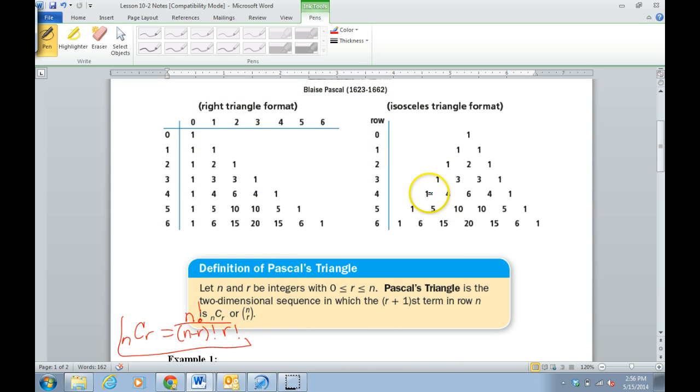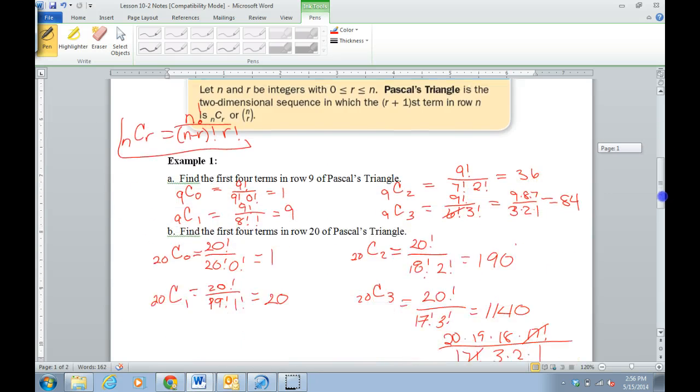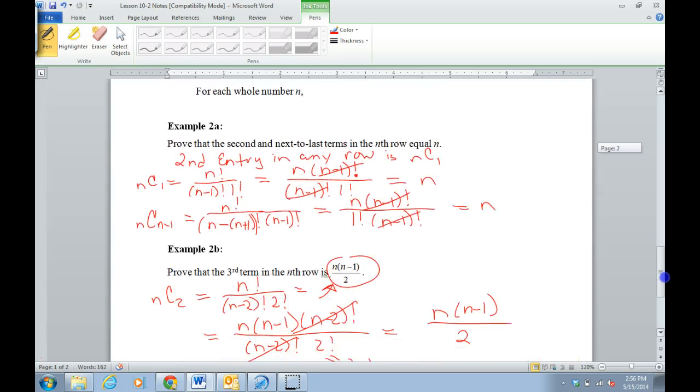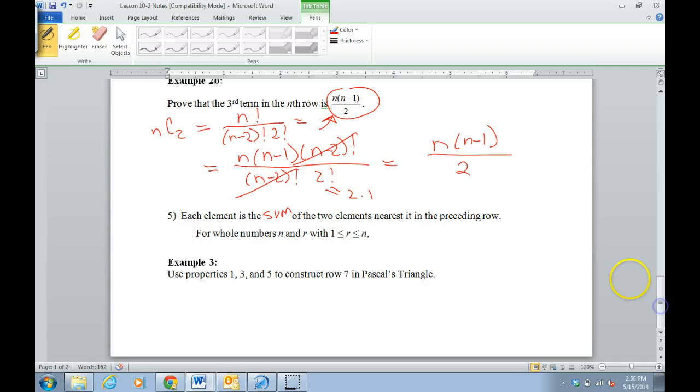Notice that 1 plus 4 is 5. 4 plus 6 is 10. 6 plus 4 is 10. So that's all that's saying, that the numbers preceding it above add up to make that number. That's what rule number 5 is telling us.